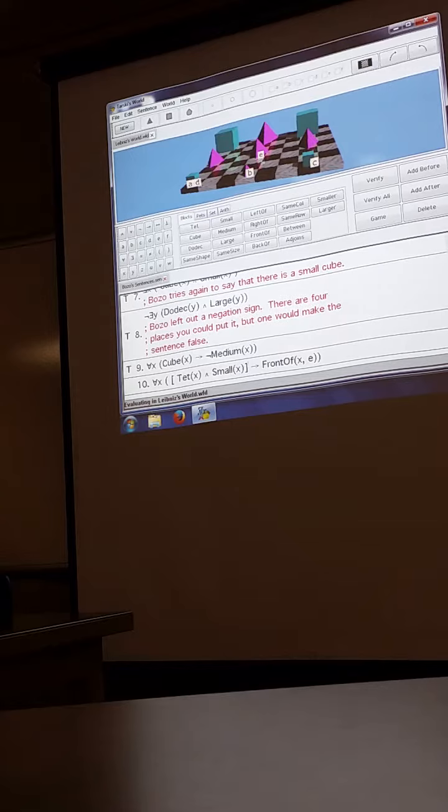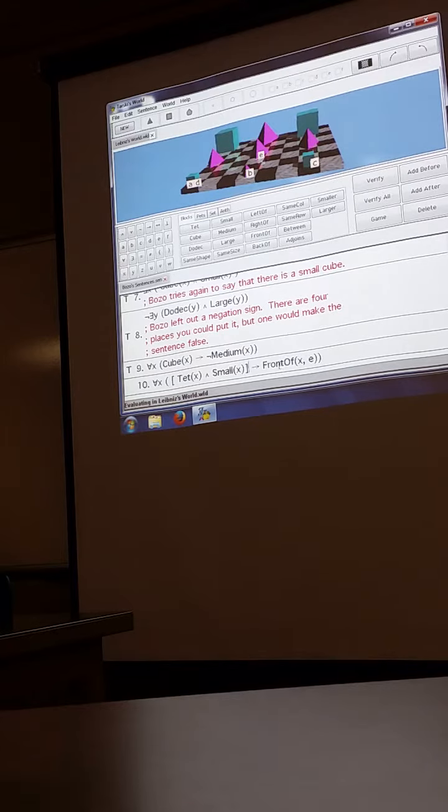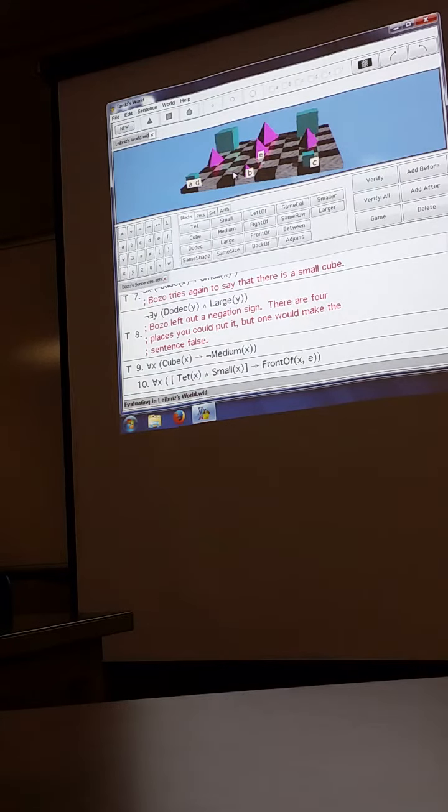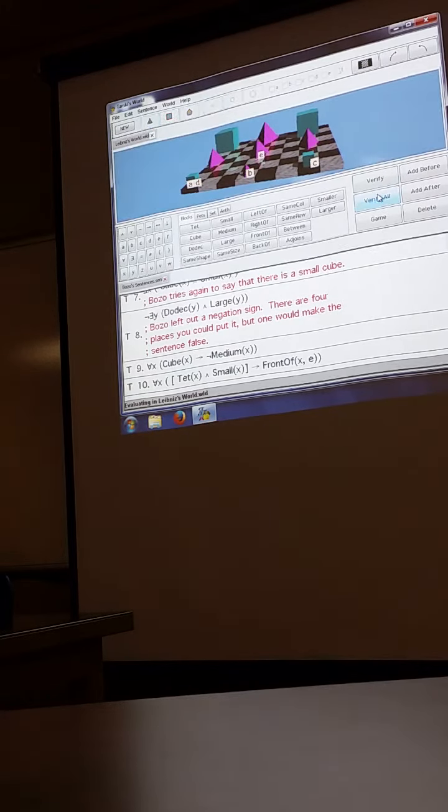All small tets are in front of E. Take a look. Are all the small tets in front of E? There's only how many small tets? One, and it's in front of E. You're good. All right.